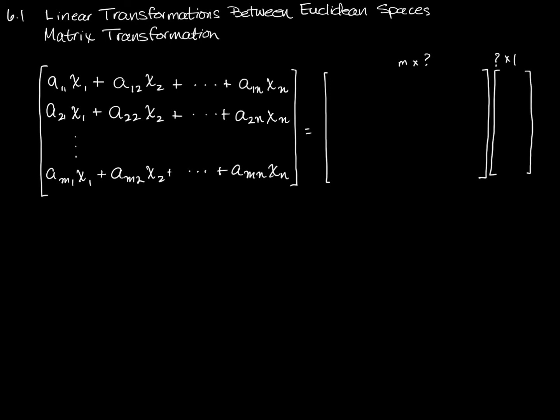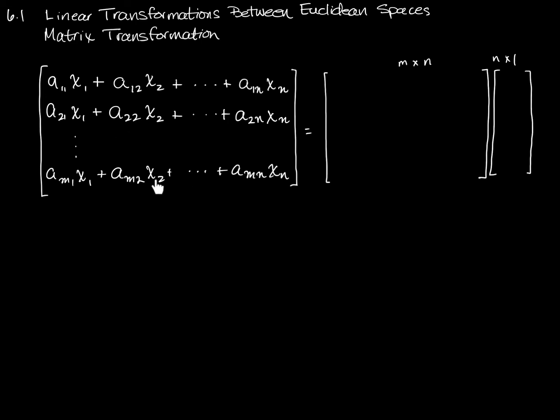So I have m rows by 1 column. In order for that matrix multiplication to be possible, these two numbers must match. And based on the numbers I have in here, I'm going to want that to be n. So let's go ahead and change that. So if I had an m by n matrix and I multiplied it by an n by 1 matrix, I would get this matrix here.